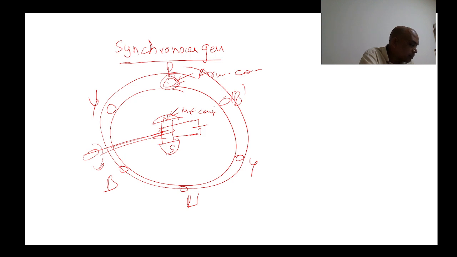The north pole first cuts the R phase, after that the Y phase, after that the B phase. If the north pole is rotating, the phase cut by the flux is also changing.